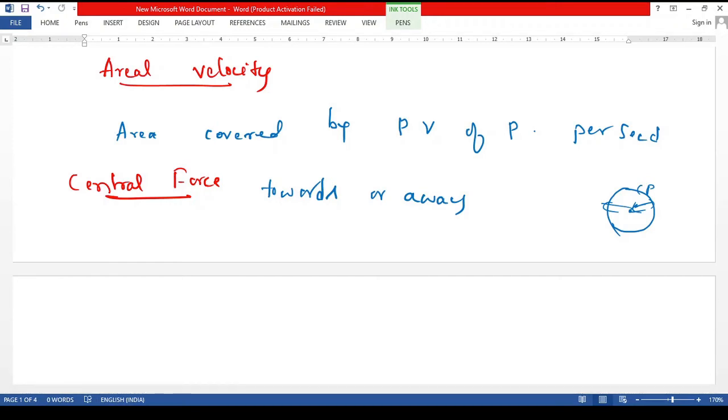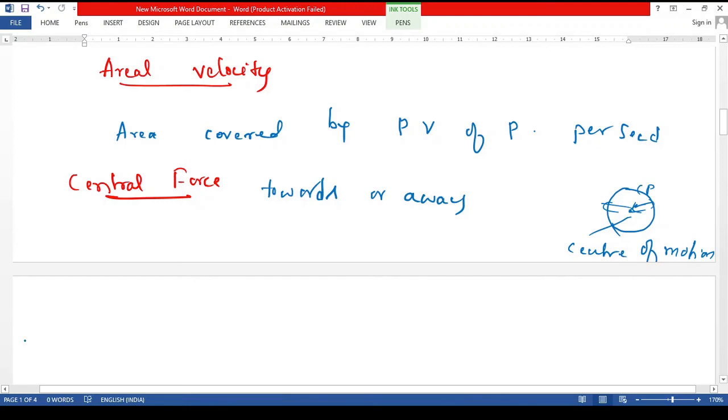The force acting on a particle is always either towards or away from the center or a fixed point, and its magnitude depends on the distance from the point. Such a force is called a central force. The fixed point is called the center of motion.